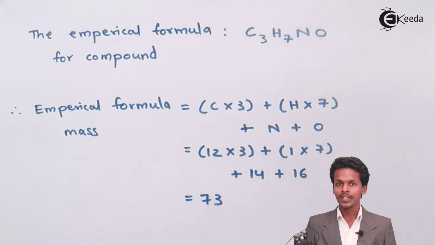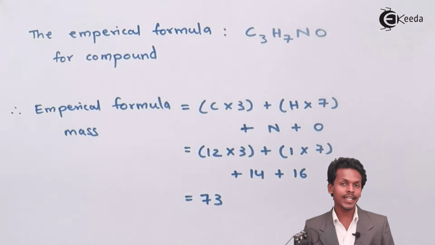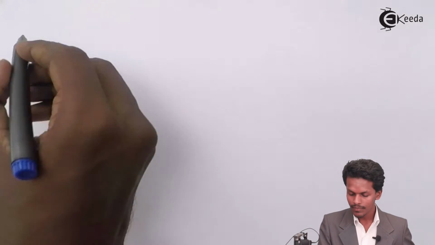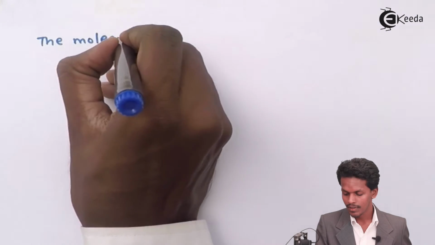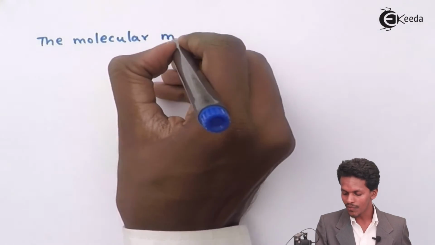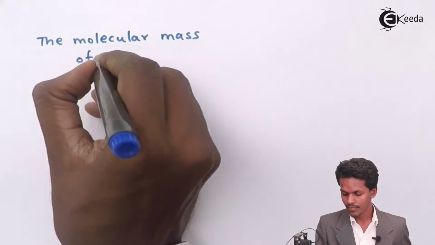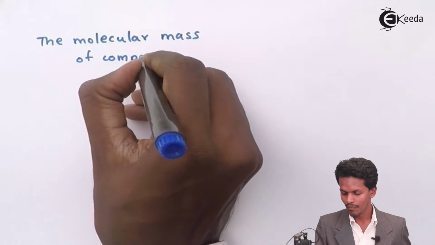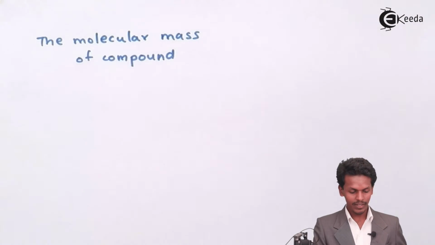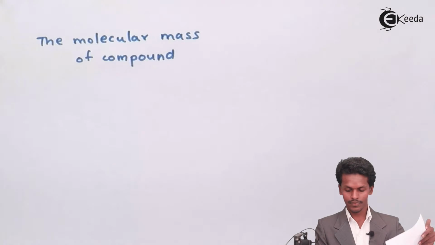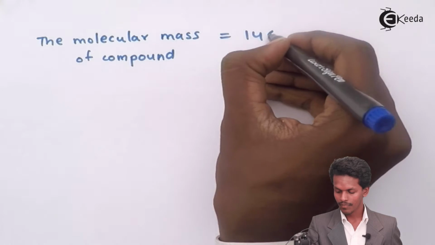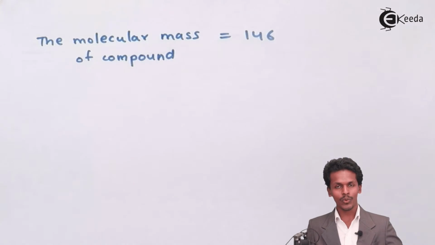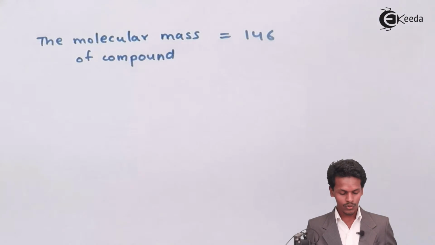Next, we already have the value of molecular mass. The molecular mass of the compound is given to be 146, and we have calculated the empirical formula mass, that is 73.